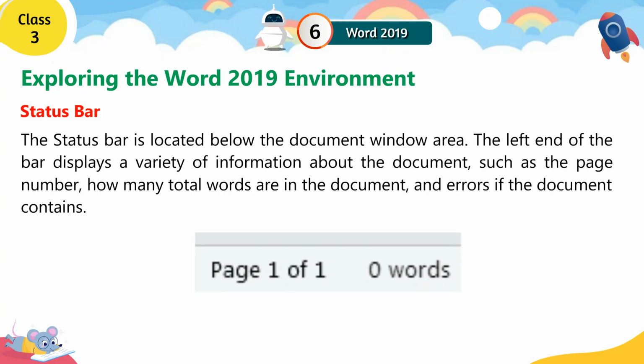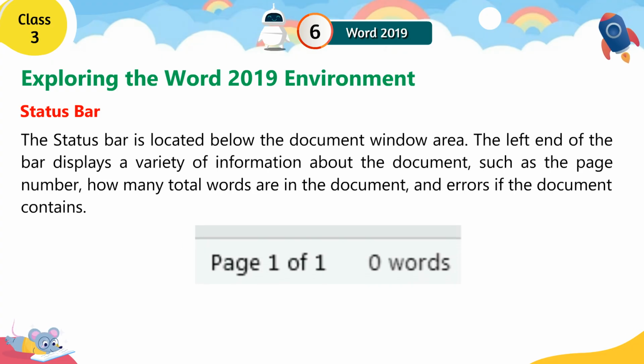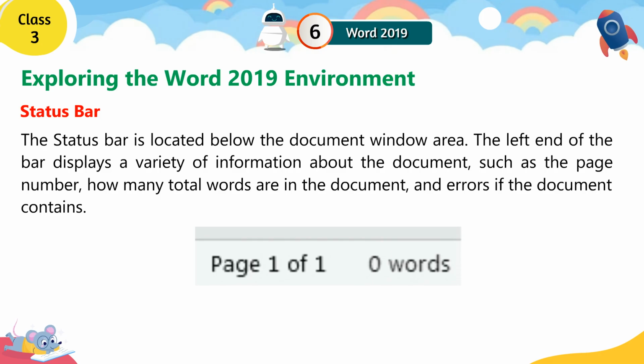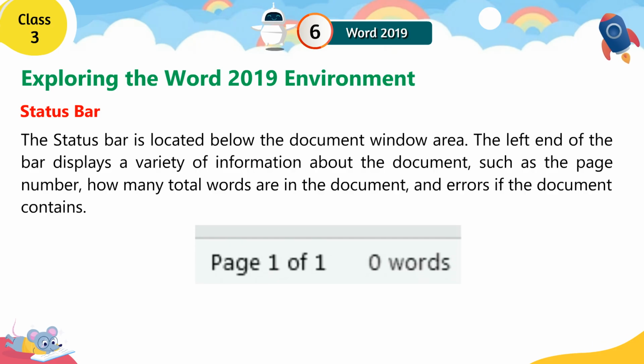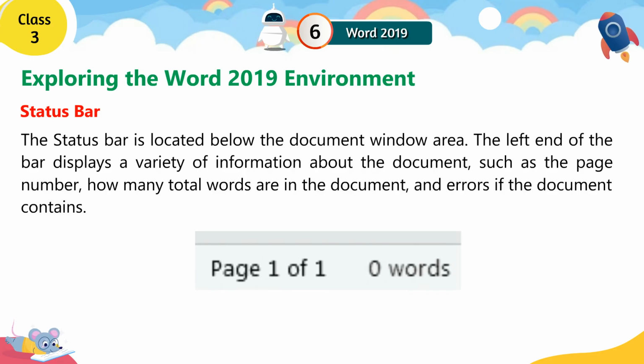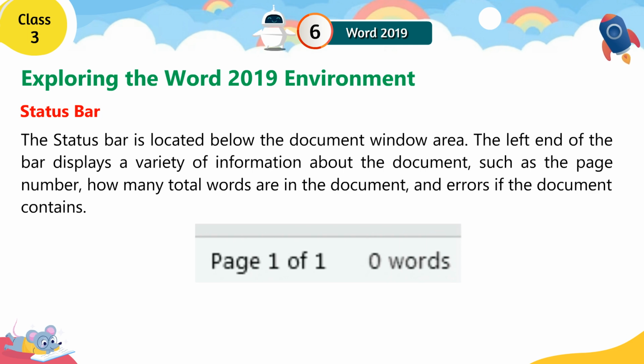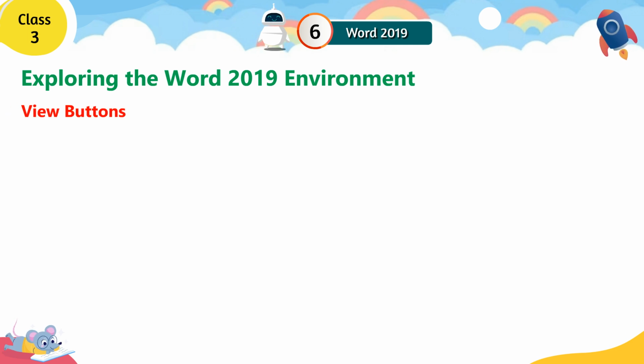Status bar. The status bar is located below the document window area. The left end of the bar displays a variety of information about the document, such as the page number, how many total words are in the document, and errors if the document contains any. View buttons.